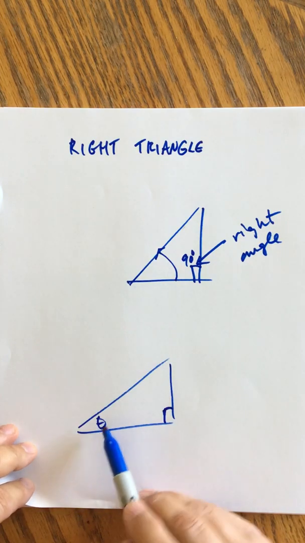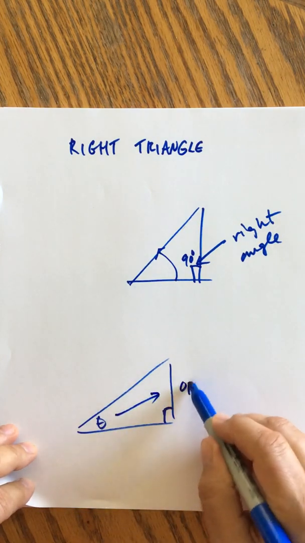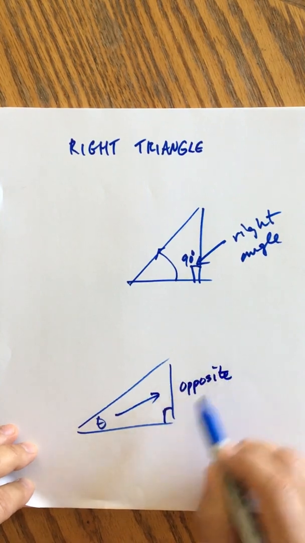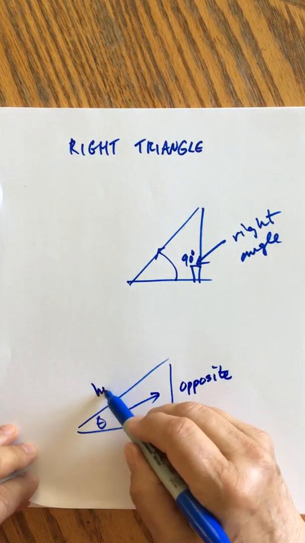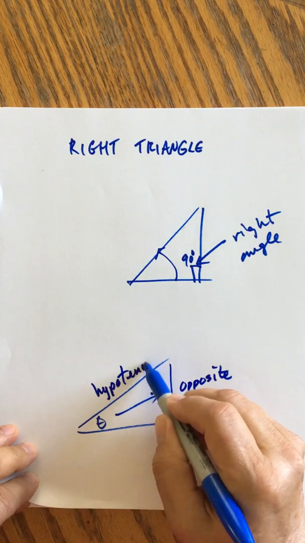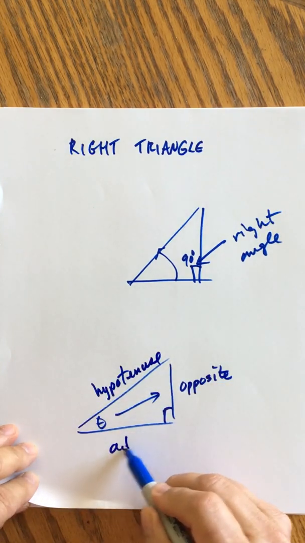So in relation to this angle, across from it is the opposite side. Across from the right angle is the hypotenuse. And then this side is adjacent to the angle.